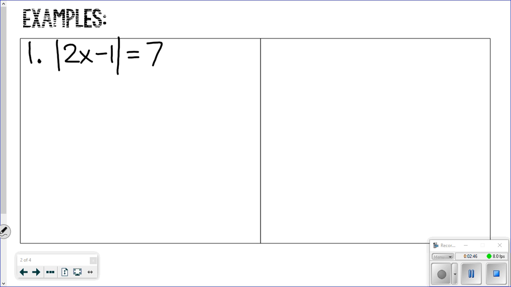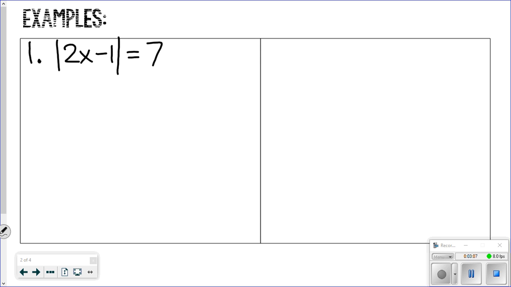So step 1 says to isolate the absolute value expression. So that's our bars with the 2x minus 1. I don't have to isolate it because it already is isolated. If I look directly in front of it, there is nothing. And if I look directly after it, before my equals 7, there's nothing as well. So it's already by itself.